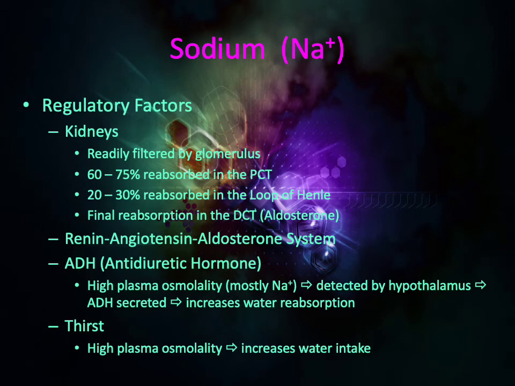In the descending limb of the loop of Henle, water passively exits into the medulla, but sodium and chloride don't. This causes the salt concentration to increase. In the ascending limb of the loop of Henle, sodium is actively transported out into the medulla. The concentration decreases the further up we go. This process maintains a horizontal gradient from descending limb to ascending limb.